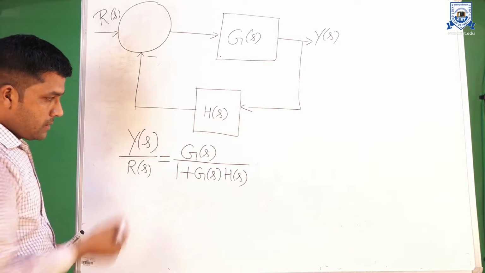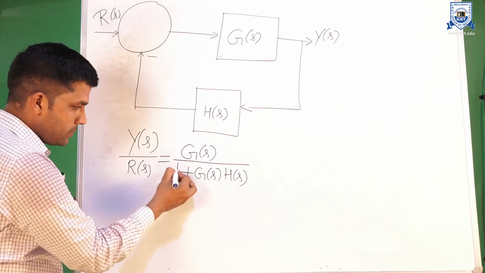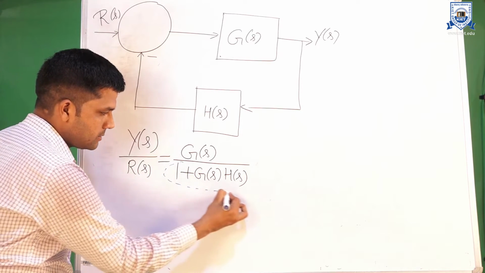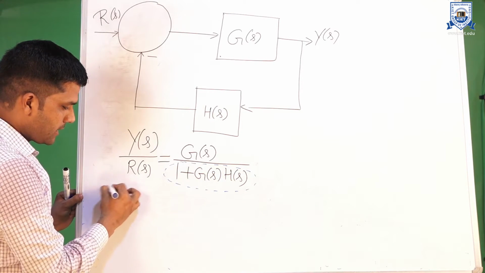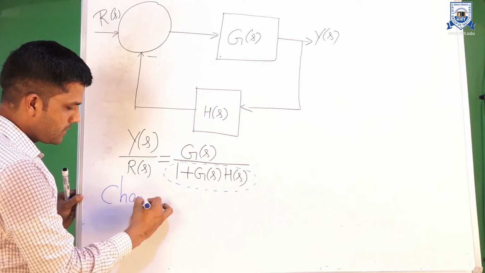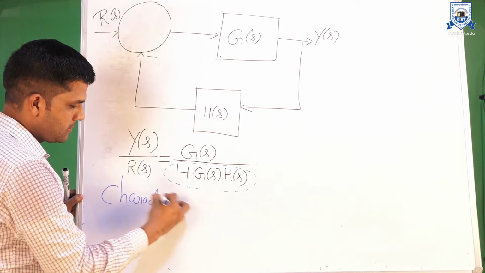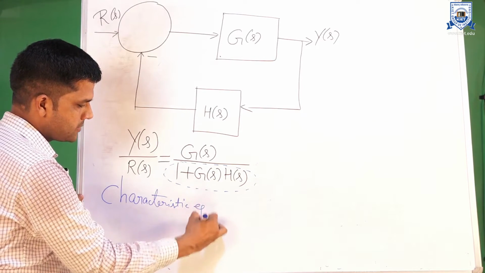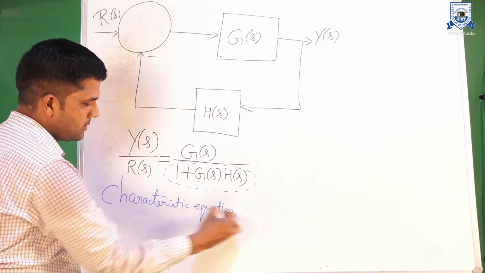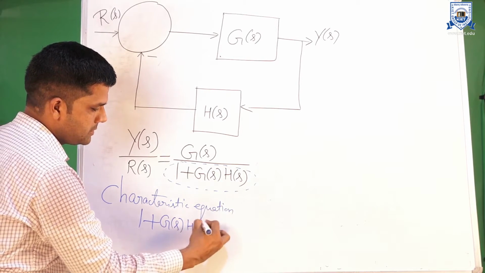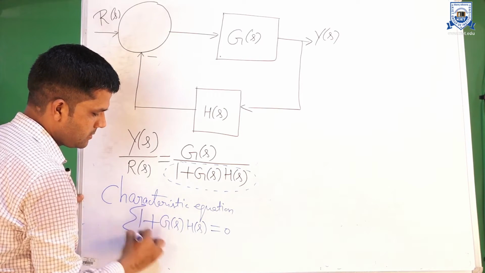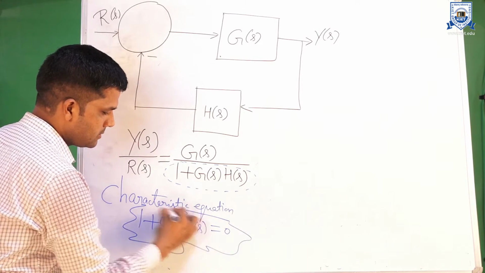So in this control system, the poles come from the characteristic equation, which is 1 plus G(s)H(s) is equal to 0.